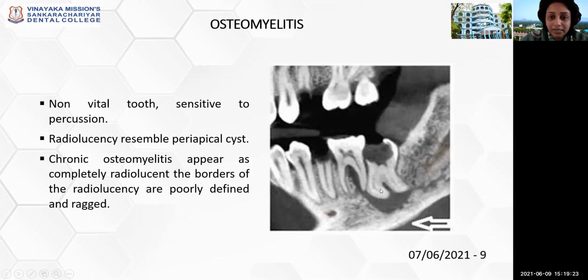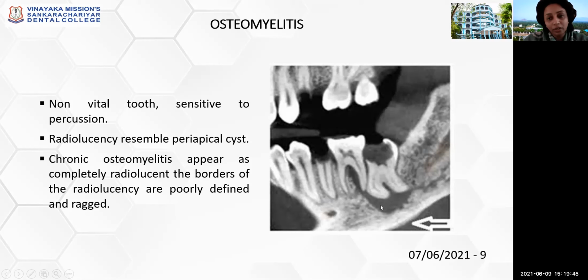That will be the early stage, followed by the bone reaction. Then it becomes a dead bone, or necrosis of the bone, which will lead to formation of radiopaque foci beneath the periapical region. So that will be the second radiographic change. That is, it will have a mixed radiopaque and radiolucency.